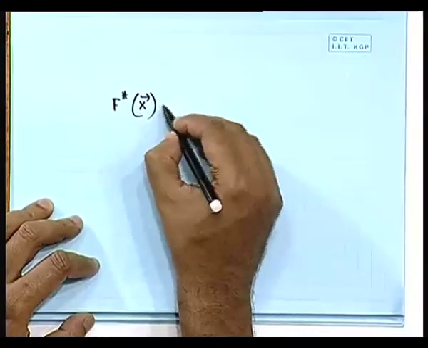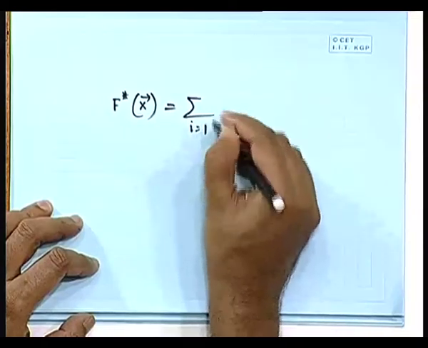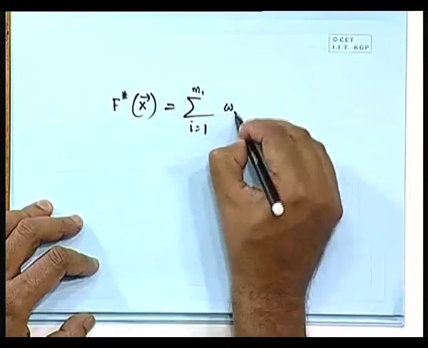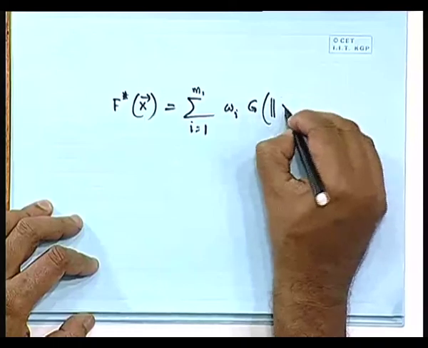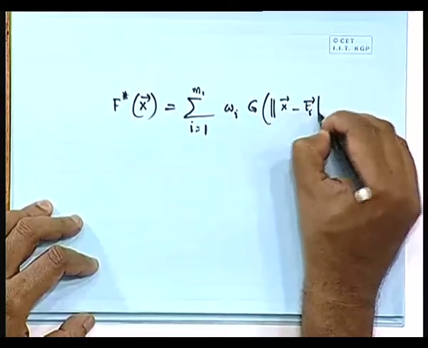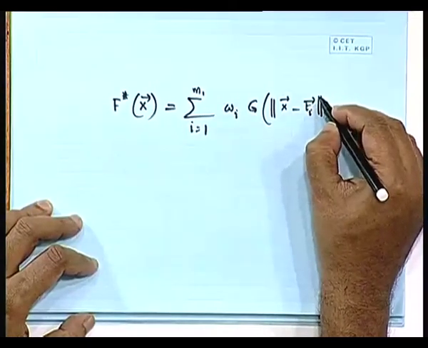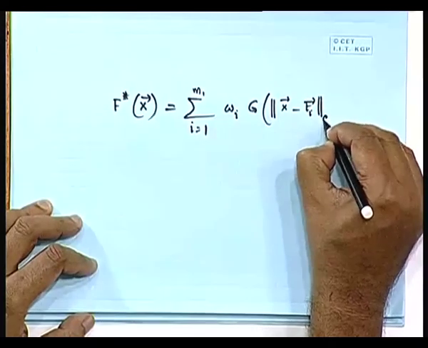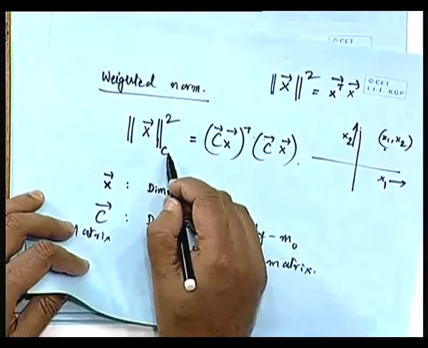Last time we wrote f star of x as the summation i equal to 1 to m1 of wi g, whose argument was the Euclidean norm of x vector minus ti vector. Now, instead of the Euclidean norm, we will write it with the suffix C, just like we did here.